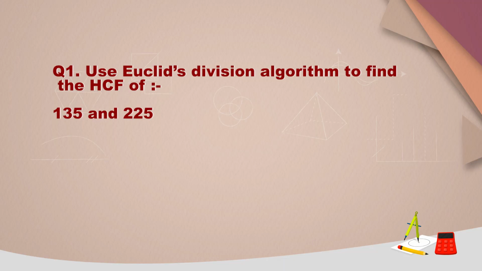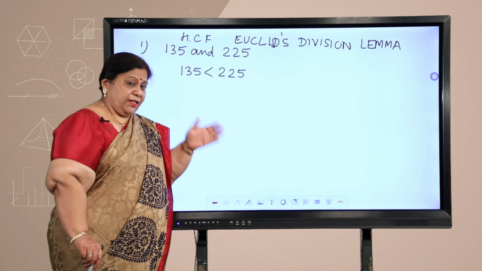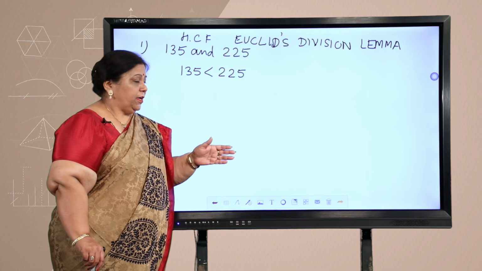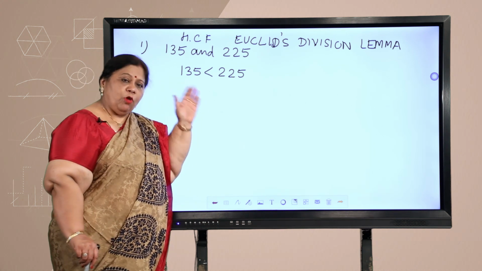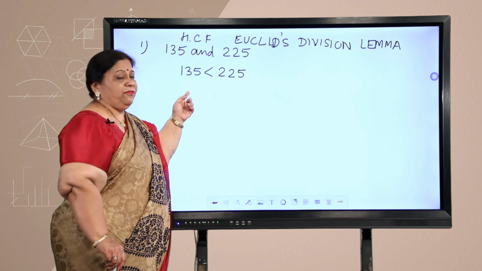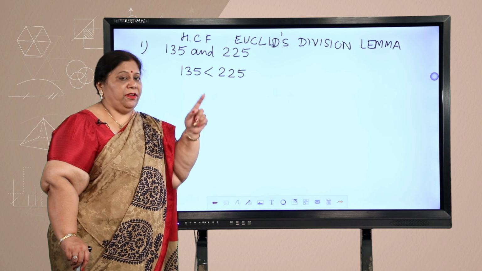So, students, let us look into your first question of exercise 1.1, which demands to find HCF using Euclid's division lemma. We have two numbers here, 135 and 225. The first step we should do here is we should locate the smaller number. 135 is less than 225.